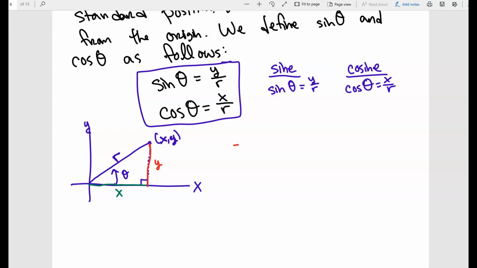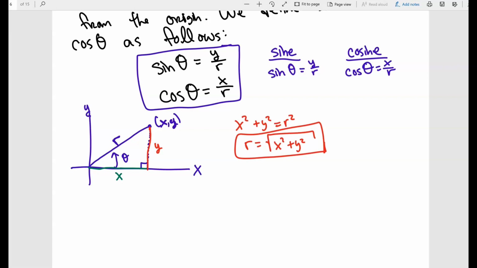If I know x, y, and r, then x squared plus y squared is equal to r squared. If I take the square root, r is equal to the square root of x squared plus y squared. Okay, so if r is not given to me, I can go ahead and figure it out that way. Notice also if r is equal to 1, then the sine and the cosine are just going to be equal to the y and the x value.